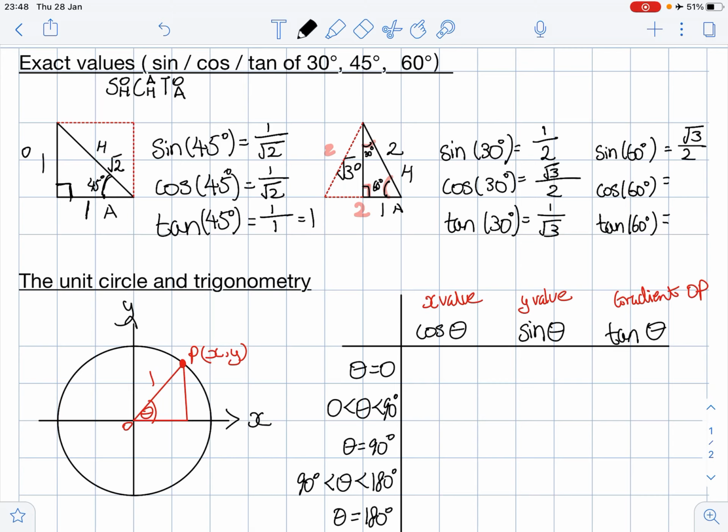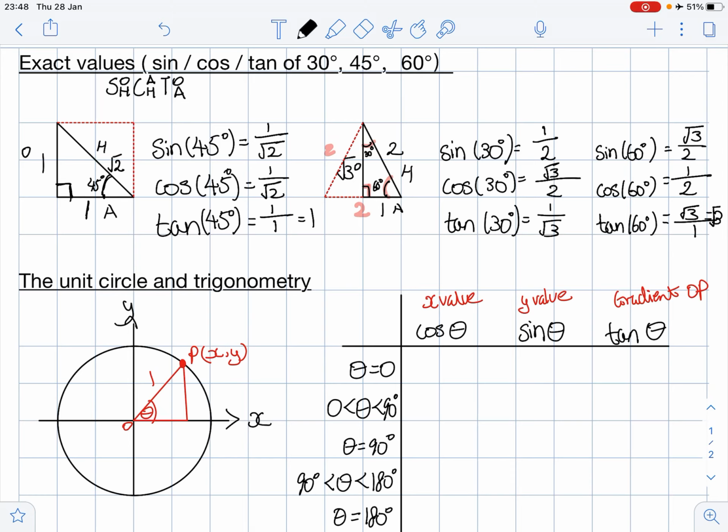Cos 60, adjacent is 1, hypotenuse is 2. And then tan 60, opposite is root 3 and adjacent is 1, which is just root 3.